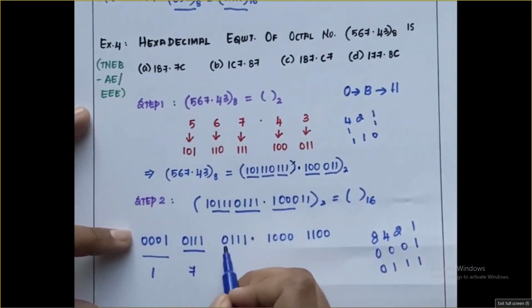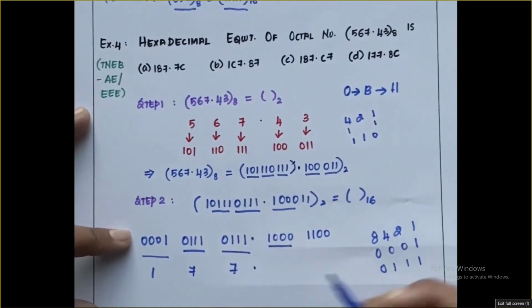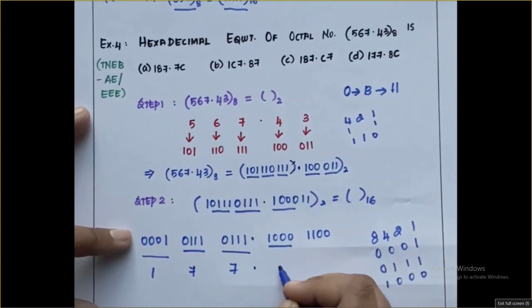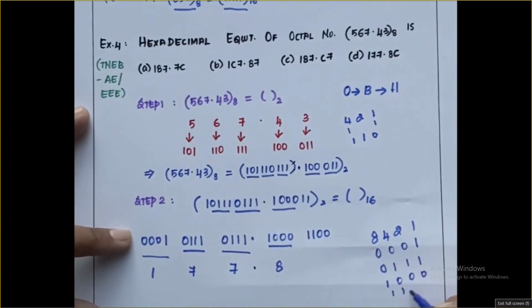Again 0111, so we have the value 7. Decimal point. For 1000, we have 1 under the value of 8, so it is 8. Next for 1100, which is 8 plus 4, 12.